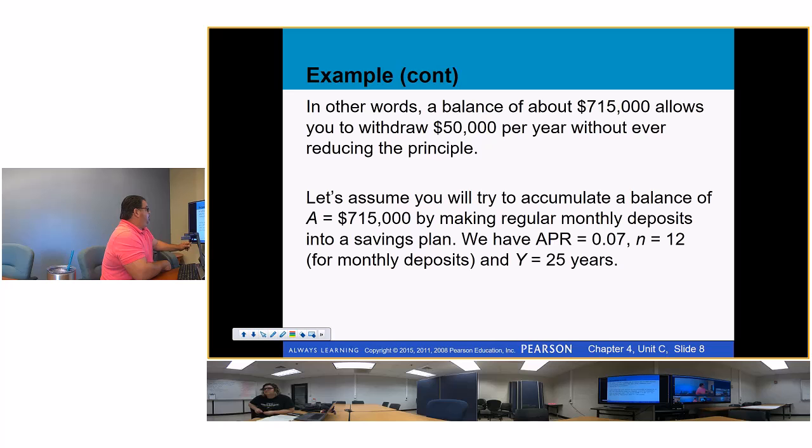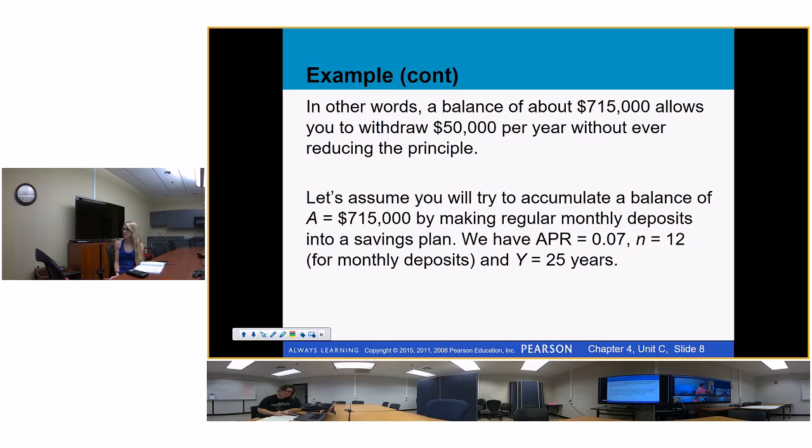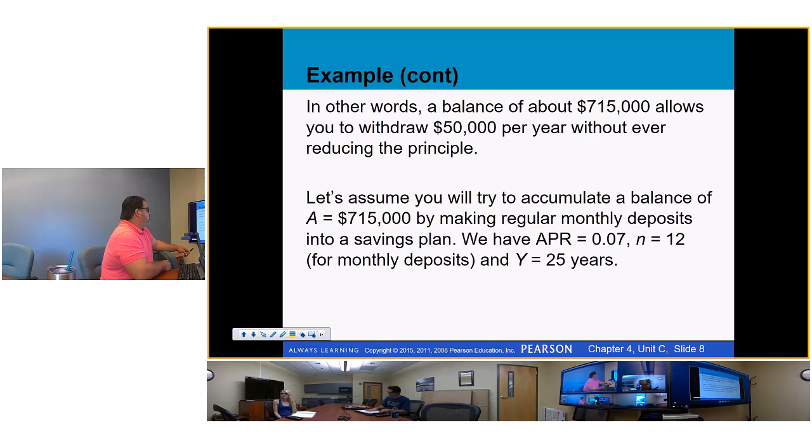We have an APR of 0.07, and N is equal to 12, and T is equal to 25, not Y. Okay? So, what do they want to know? By making a regular monthly deposit into a savings plan, we've got to figure out the monthly payments.